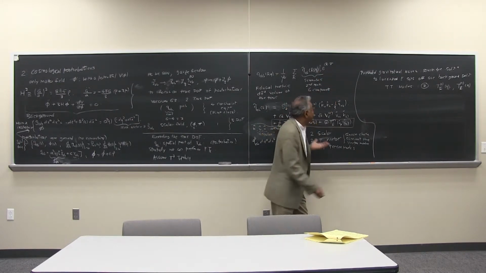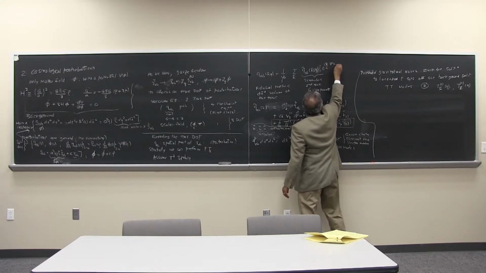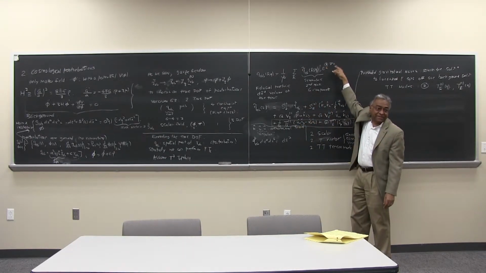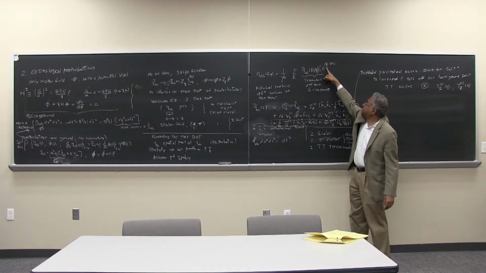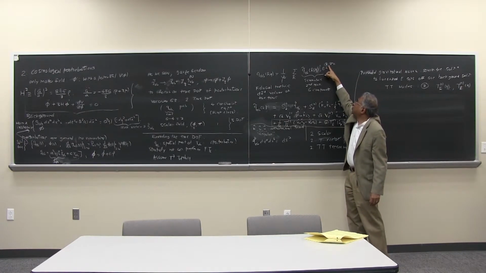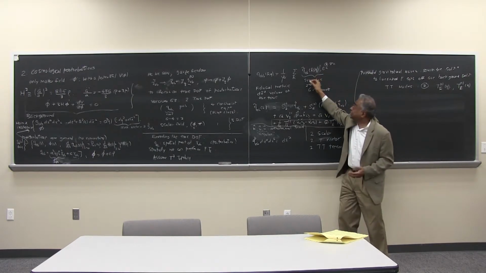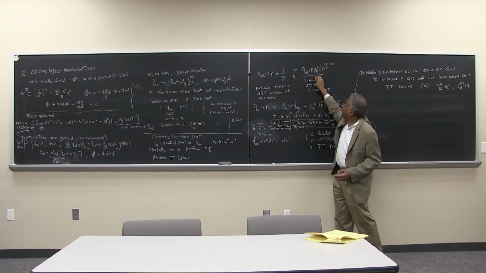So you can do that, and just multiply this by a, and divide this by a, and this will be the physical one. k was a co-moving wave number, and k by a is going to be the physical mode. But then you have to take care every time as to which k you are talking about, k upon a, at what time.